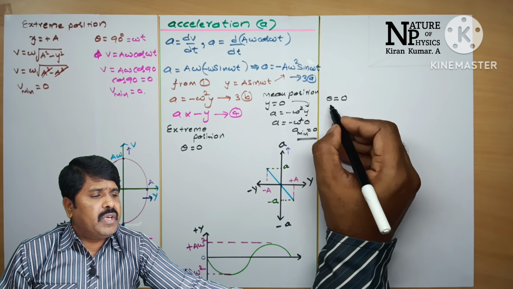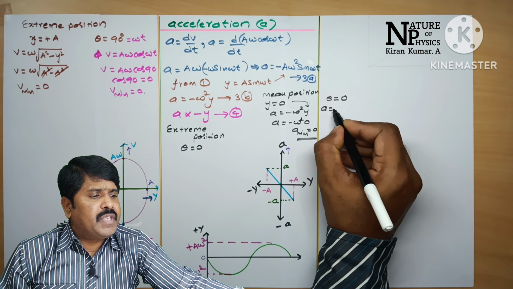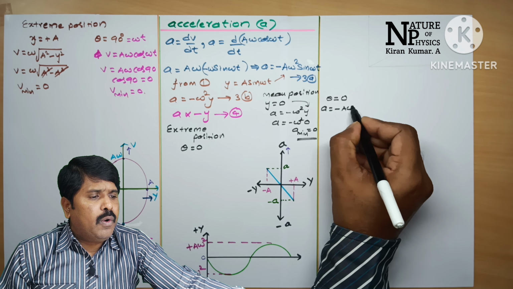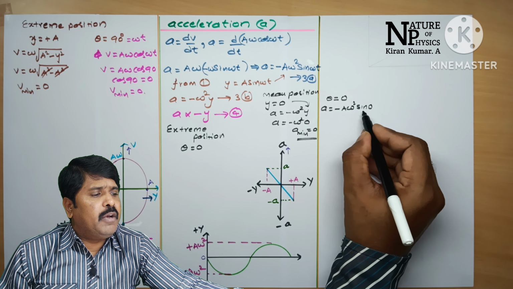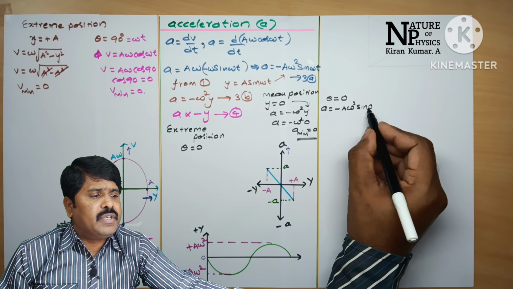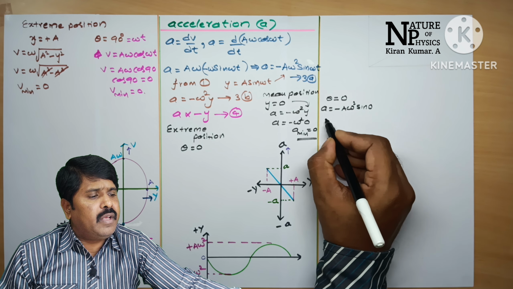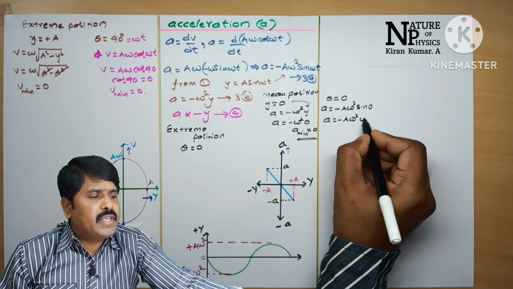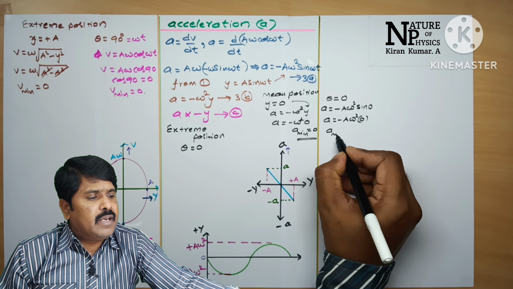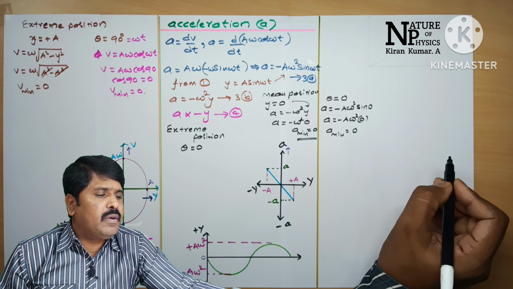Using this equation, a is equal to minus A omega square sin 0. At the mean position theta is 0, sin 0 is 0, and 0 into anything is 0, so I am getting minus A omega square into 0. So acceleration is minimum, which is equal to 0.